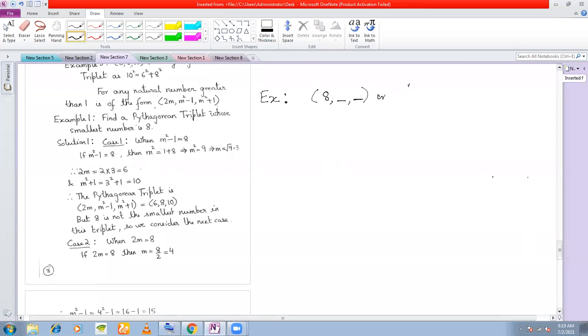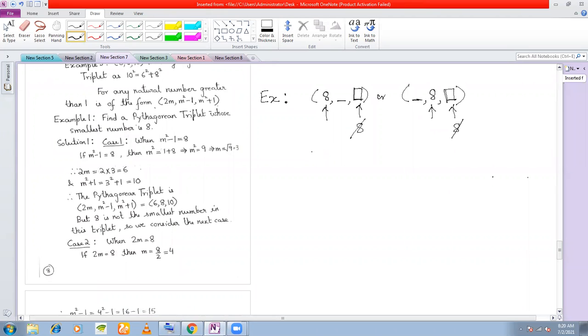You cannot have 8 here because 8 is the smallest number, right? This place is occupied by the highest number, isn't it? So 8 cannot be here. So 8 can either be here or here.